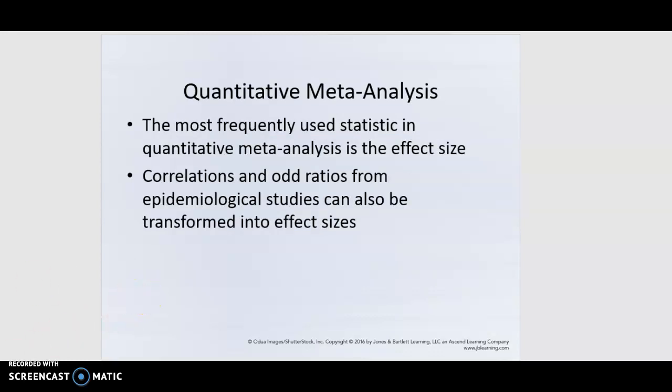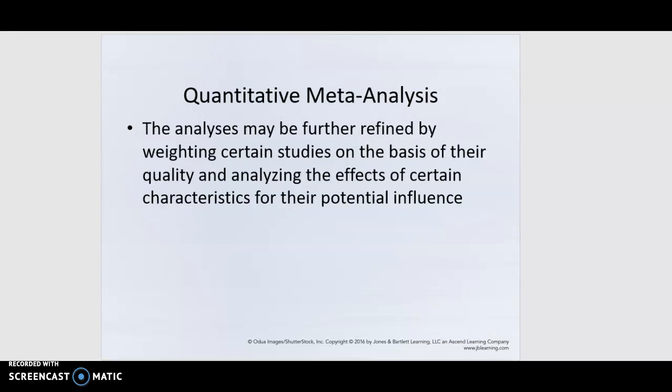Most frequently meta-analyses are quantitative, looking at correlations and odds ratios from epidemiological studies. So this can be transformed into effect sizes. This is really important, looking at those numbers that can be translated. In addition, we're looking at refining and weighting certain studies based on their quality.